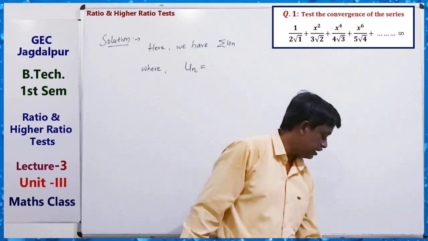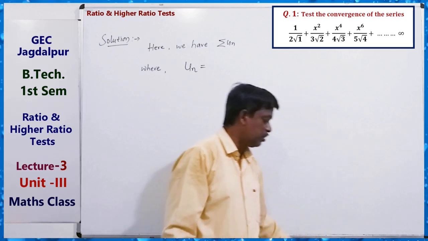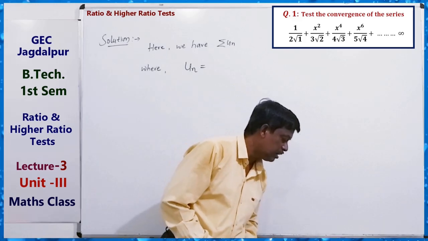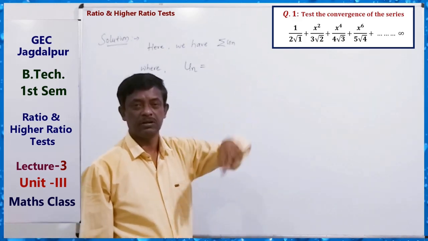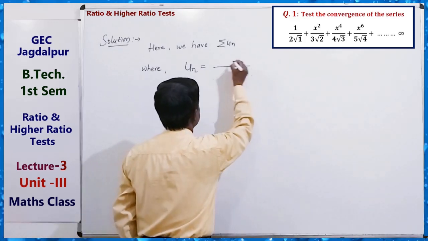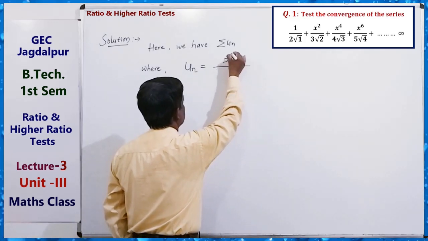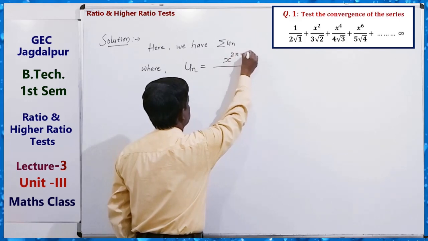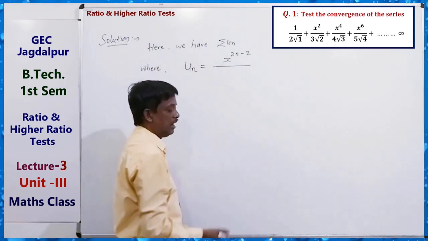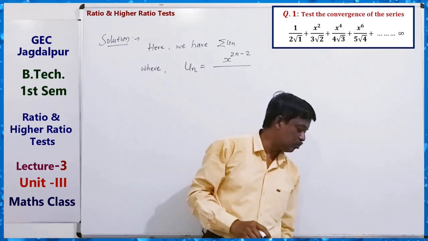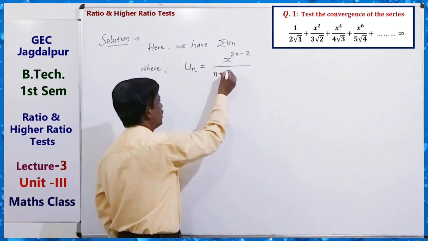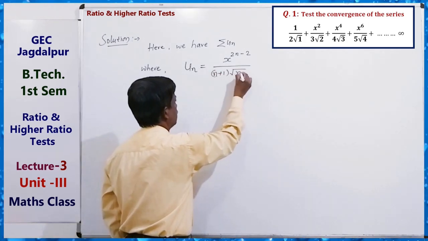Here the series is 1 upon 2 root 1, x squared, x4, x6, the powers being 0, 2, 4, 6, that means x to the power 2n minus 2, because for n equals 1 we get x to the power 0. The denominator has 2 root 1, 3 root 2, 4 root 3, that means n plus 1 root n.